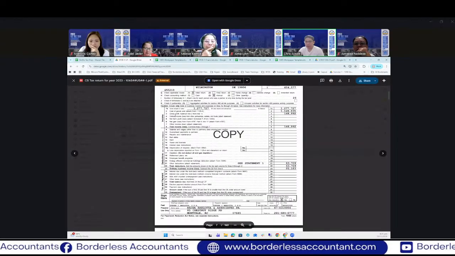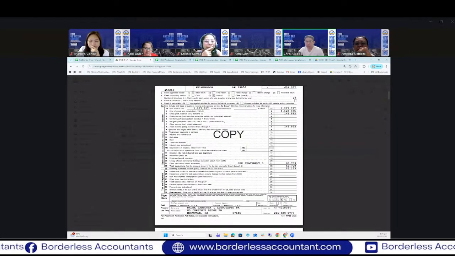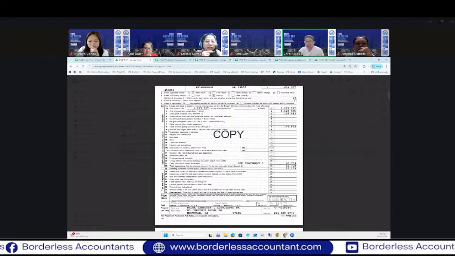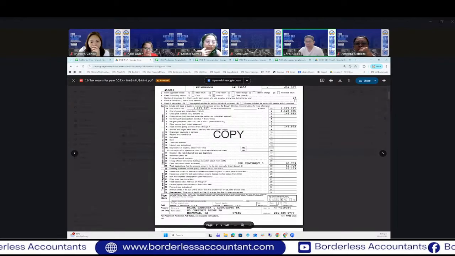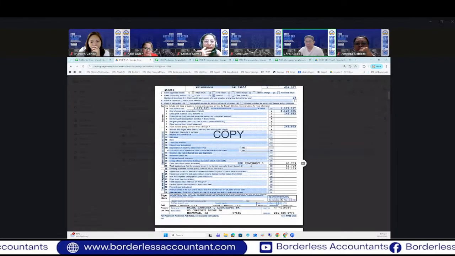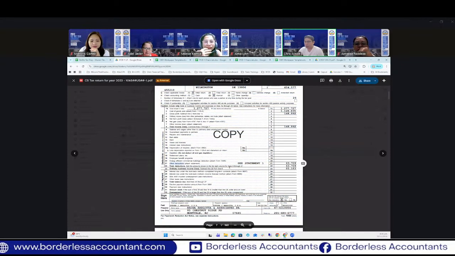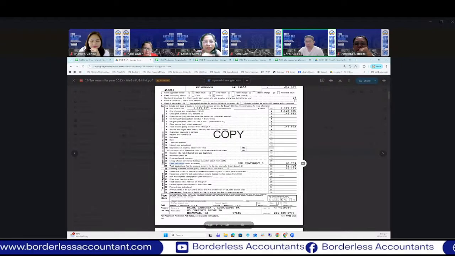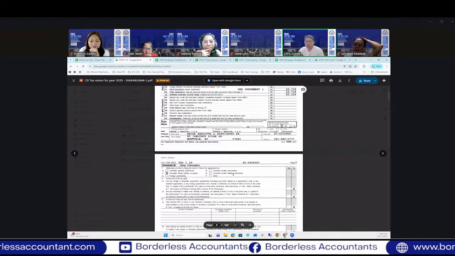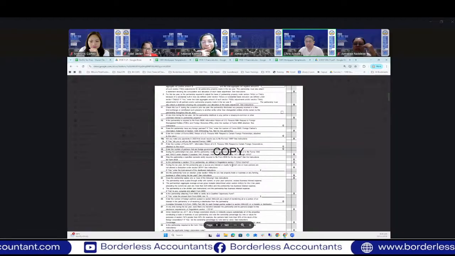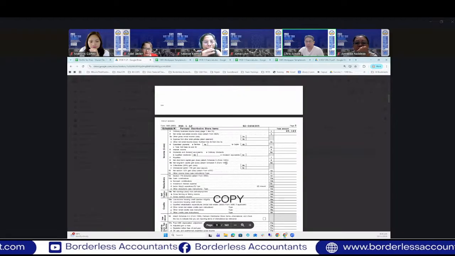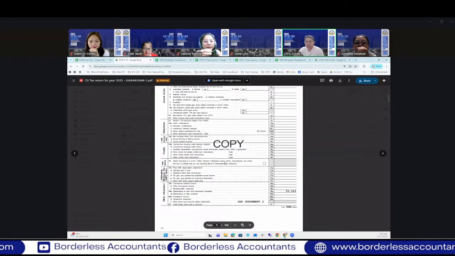So you have gross receipts, cost of sales, and a few of the expense line items are provided, but all the rest are merged into other deductions, right? And same with the balance sheet. Balance sheet is the Schedule L here. Ito lang yung Schedule L, right?